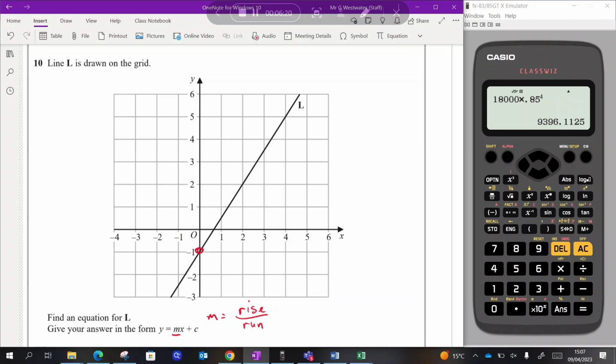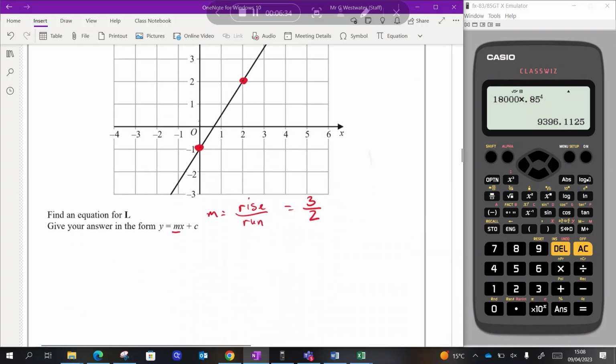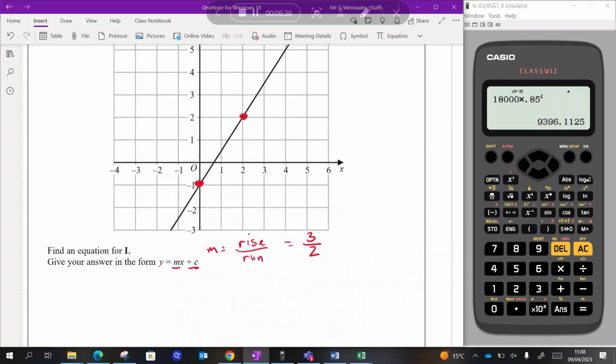And so if I take 2 points, let's say this point here at 0, minus 1, and this point here at 2, 2, that has risen 1, 2, 3, and it's run along 2. Okay. Now my plus c is the y-intercept.